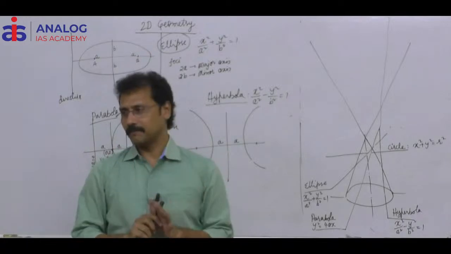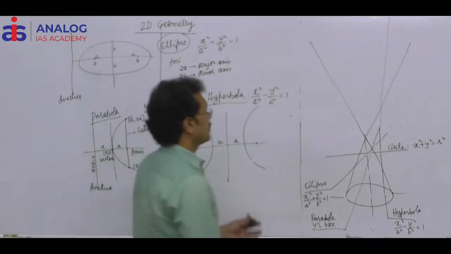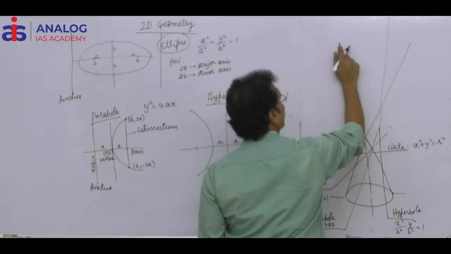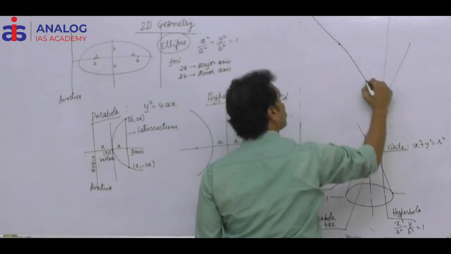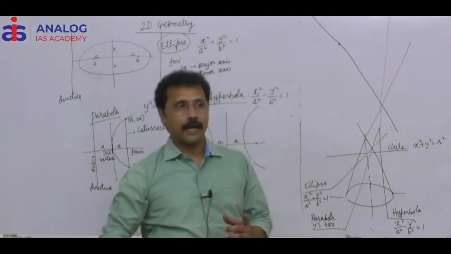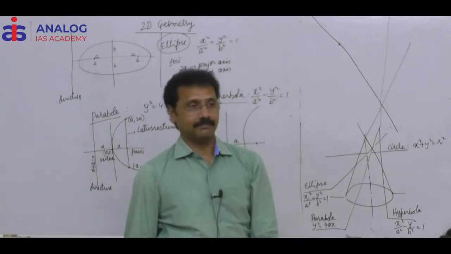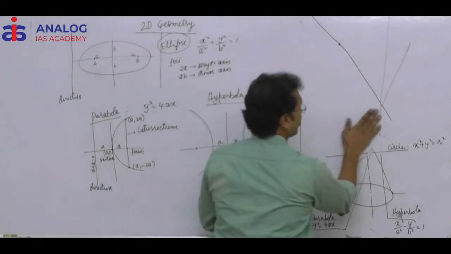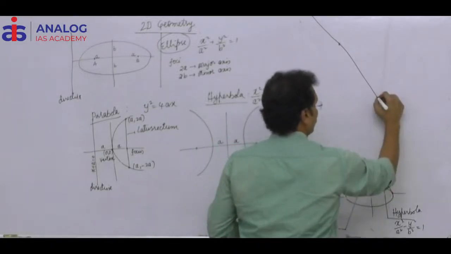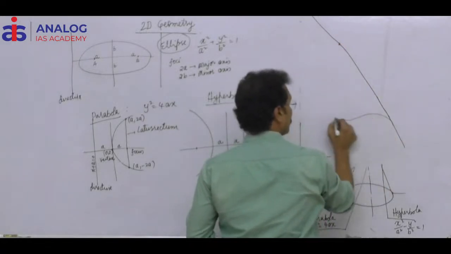So it is the locus of a straight line passing through a fixed point and also passing through another curve. For example, a straight line passing through a fixed point and also passing through another curve here.